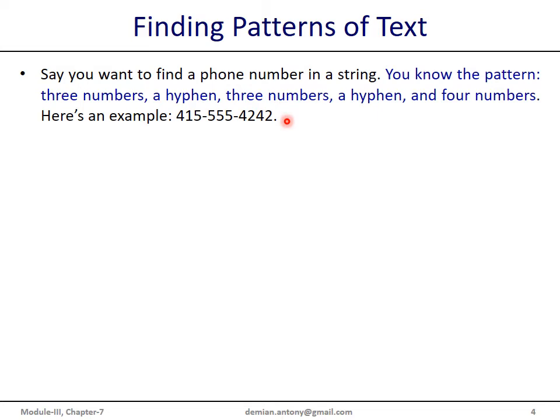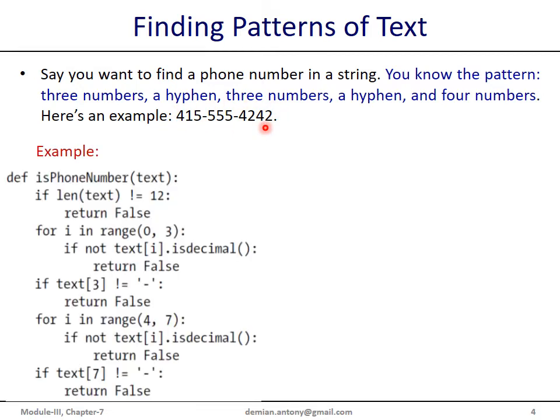Let us write the program in a traditional way to recognize the string as a valid telephone number. Here is the program. We write a function to check whether the text is a valid telephone number of this pattern.